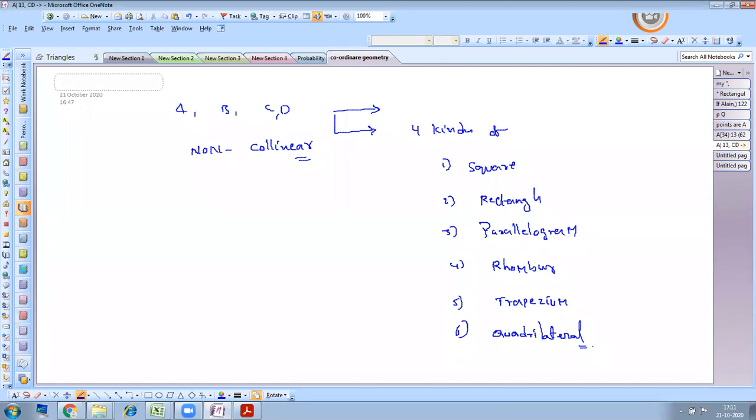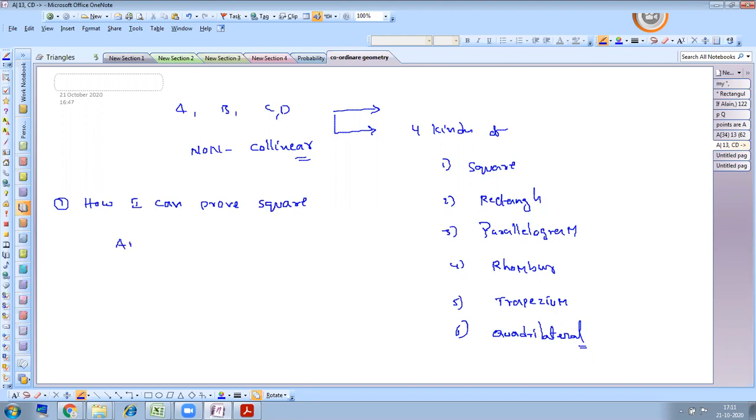So how can I prove a square, guys? First question: how can I prove a square? The distance between all the points should be equal.